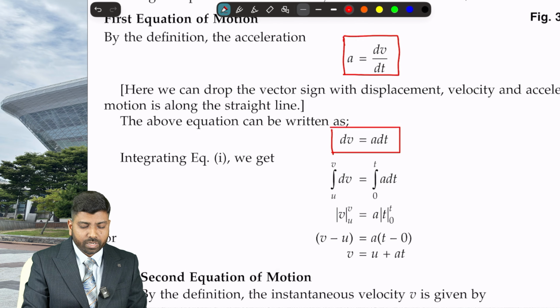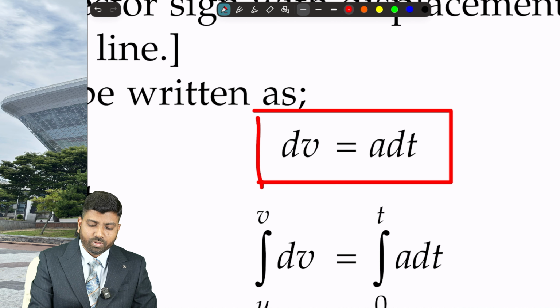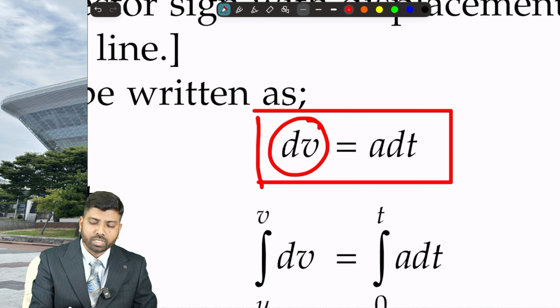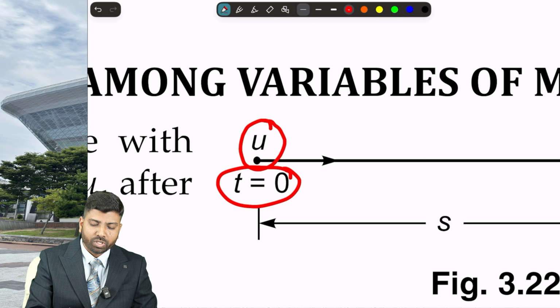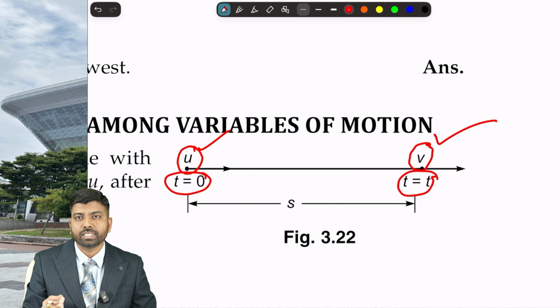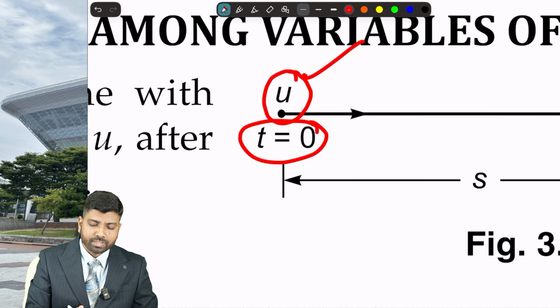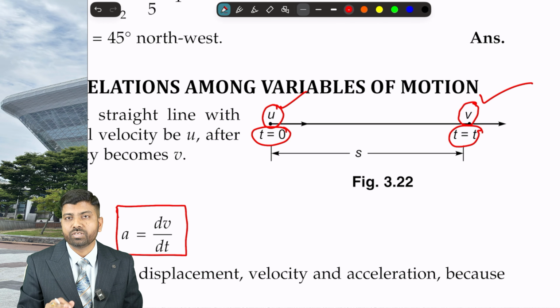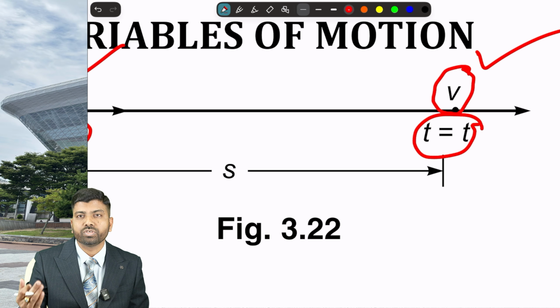Then we integrate both sides. The integration of velocity starts from u and goes up to v; the initial velocity is u and the final velocity is v. At the same time, the initial time is 0 and the final time we consider t.